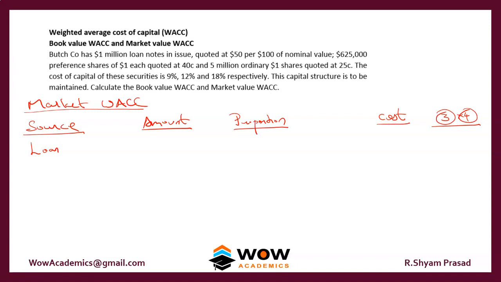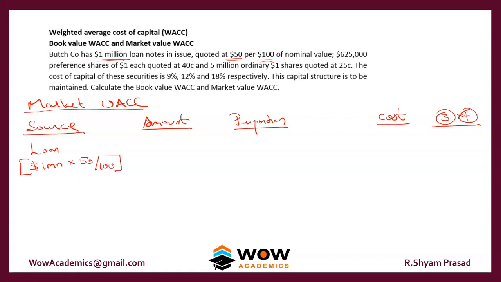So loan, if you look at here, the loan is a 1 million loan note, but this is nominal value. Okay, and it says that the nominal value is 100, but the market value is 50. So we have to convert this. We have a 1 million loan note, each of it is quoted at 50, but the nominal value is 100.